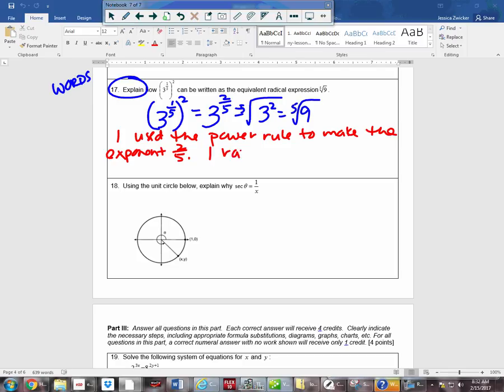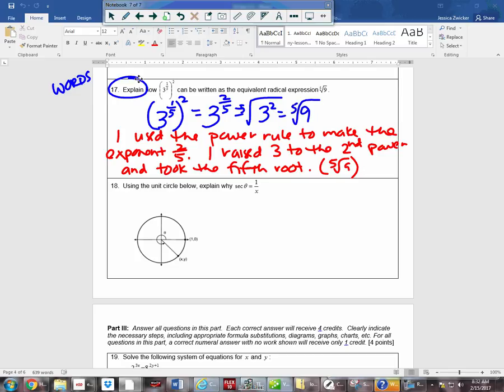I raised 3 to the 2nd power and took the 5th root. Or wrote the 5th root, which would be the 5th root of 9. Something like that. You can't just say I did the math or anything like that. You have to be a little bit more specific.